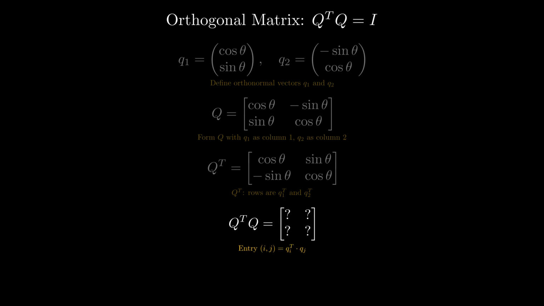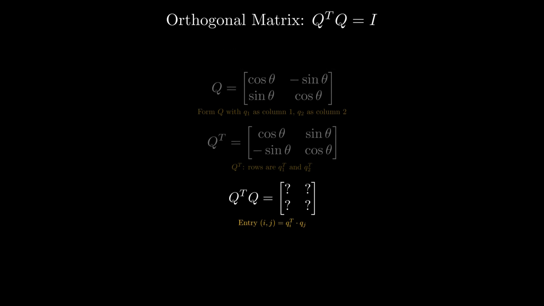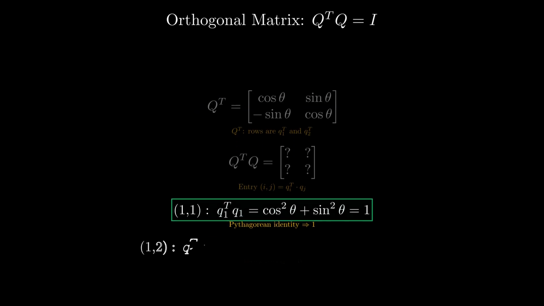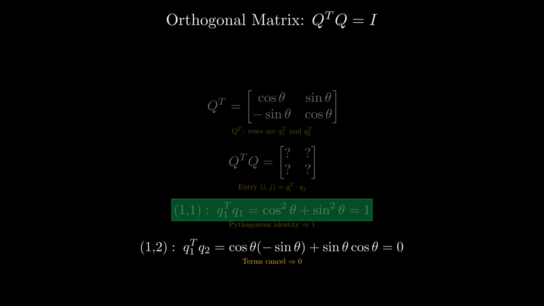Now let's multiply Q transpose times Q. Each entry in row i, column j equals the dot product qi transpose times qj. Entry 1,1, Q1 transpose times Q1 equals cosine squared theta plus sine squared theta, which equals 1. Entry 1,2, Q1 transpose times Q2 equals cosine theta times negative sine theta plus sine theta times cosine theta.